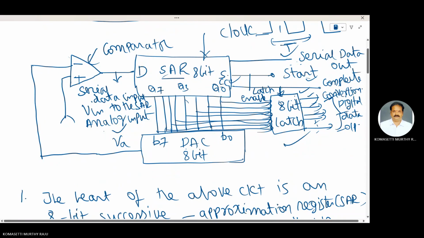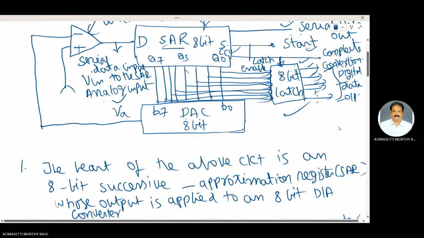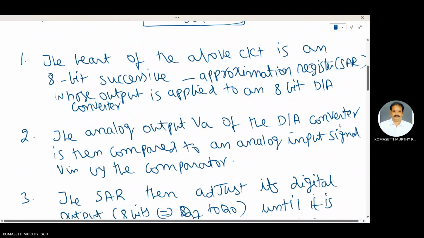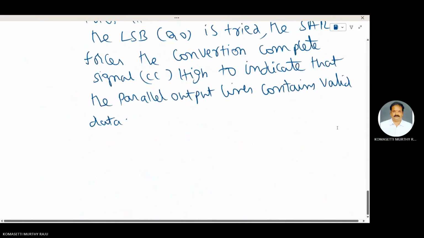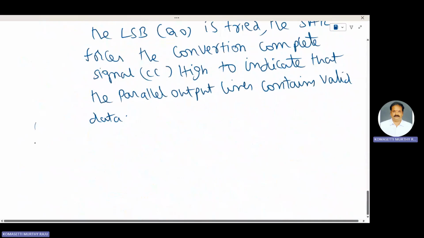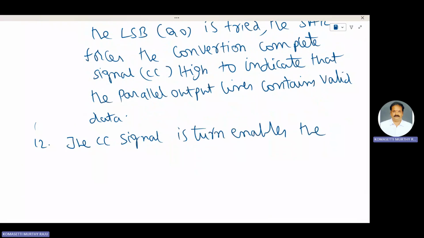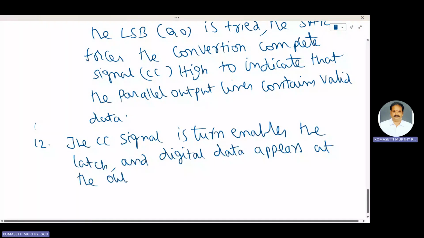Next point here is 12th point. The CC signal, that means conversion complete, enables the latch, and digital data appears at the output of the latch.